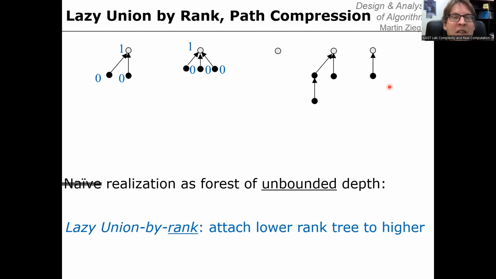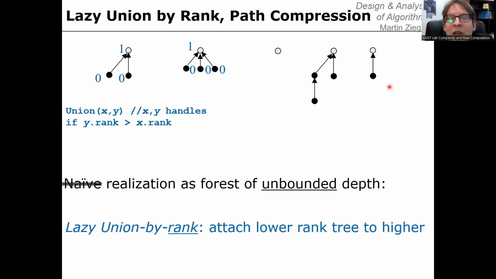The idea is to realize these disjoint sets as forests under the depth, but we want the depth to be small. So again, the union operation is now realized with this union by rank heuristic, by comparing the rank of the trees, or more precisely, the rank of the nodes x and y.